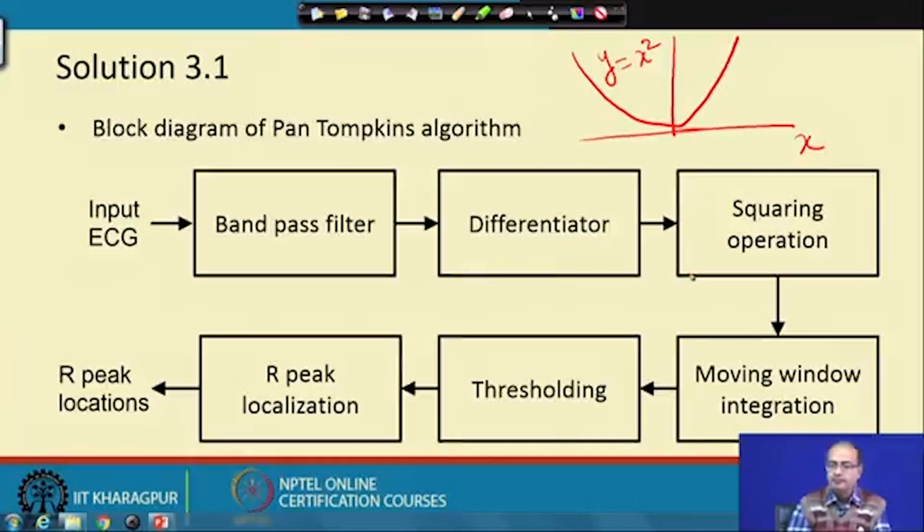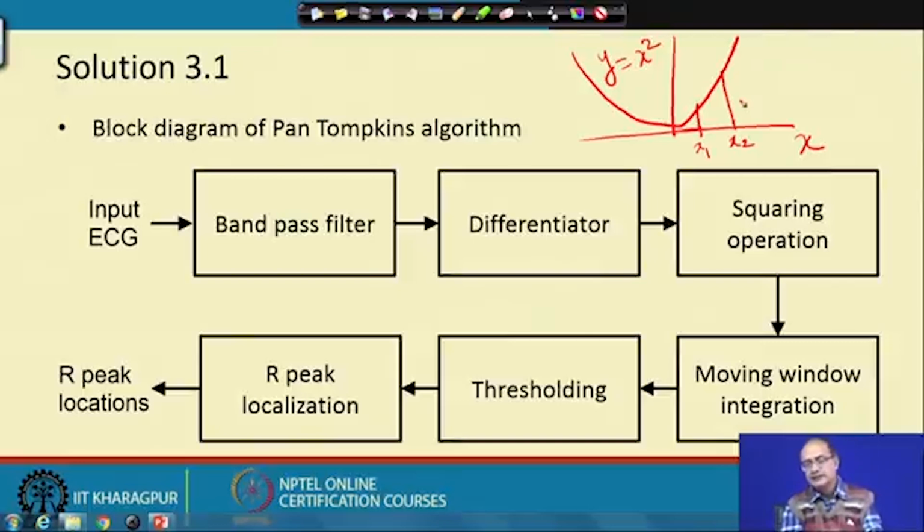At the same time, it has another benefit. If we look at two values, say one maybe x 1 and another x 2, such that x 2 we take k times x 1, and look at the difference between them, compared to that when we take the square, the difference actually increases.